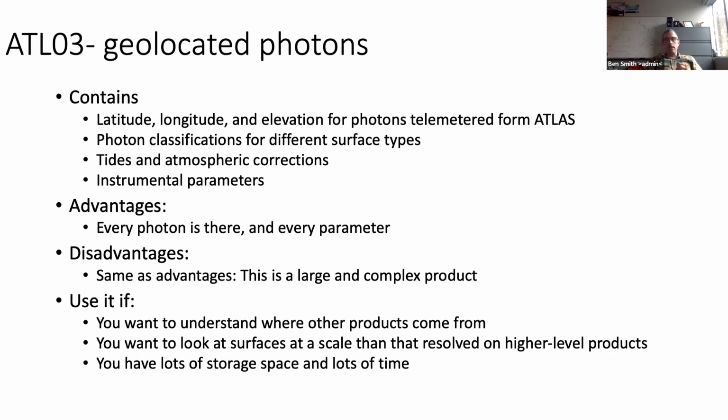If you download an ATL03, there's a lot of stuff that comes along with the information that you want to use. That information is useful for somebody, but most of it is probably not useful to you. So this is a product that we've worked to make it unnecessary to download in most cases. There are ways to get around ever having to download an ATL03 granule, and I and other people will talk about them because it's pretty hard to use. But if you need it, all the information is there.